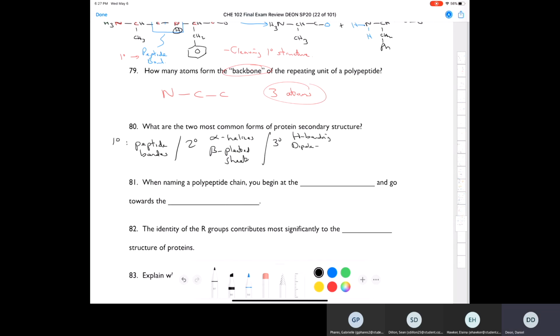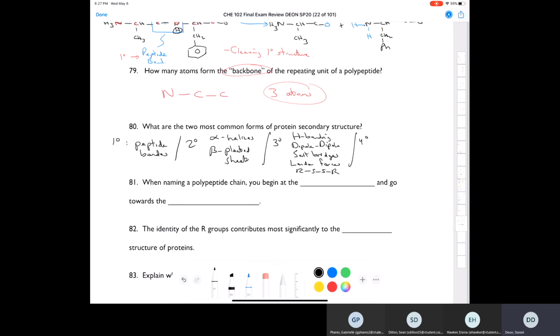Dipole forces, dipole, salt bridges, shoot, London forces, right? And we can even have disulfide bonds. Just draw it like that.